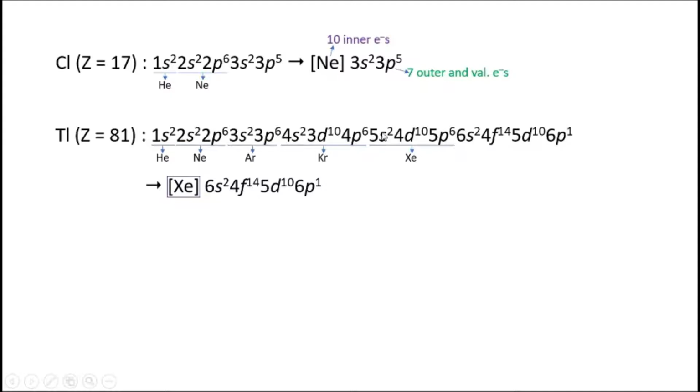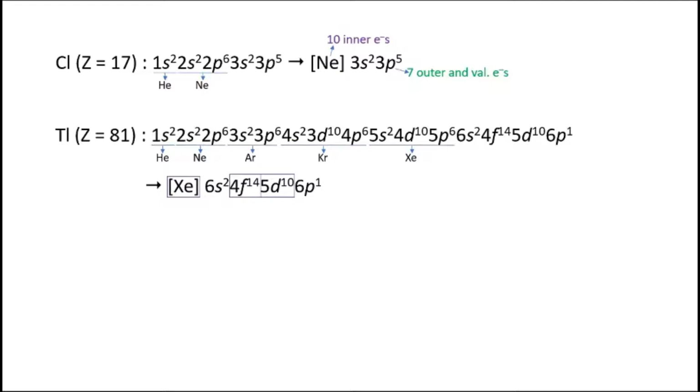Our 5s2, our 5p6, and our 5d10 are all inner electrons because they are completely filled up, and they're probably not going to interact with anything else in reactions. So this 4f14 and this 5d10 are still considered inner electrons.